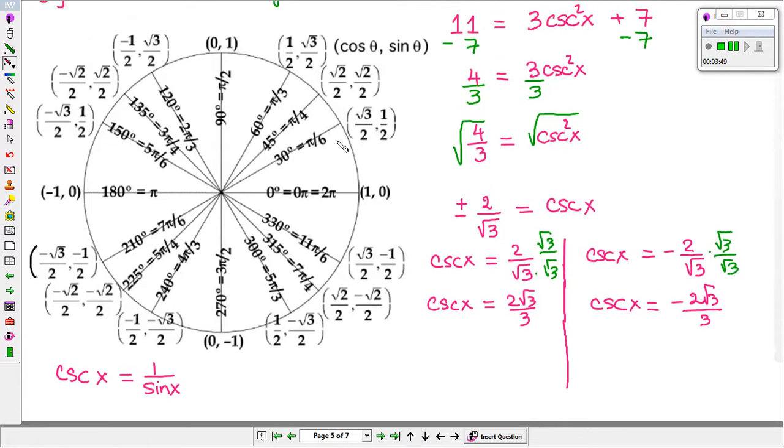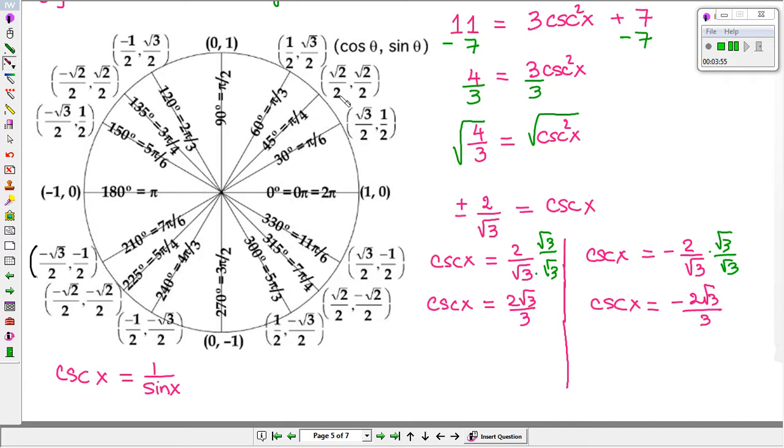Now you can see right here on our unit circle, each one of the pairs of numbers is made up of cosine and sine. So I'm going to go to each one of these pairs and see which one, when I take 1 divided by sine, will give me 2 square root of 3 over 3.